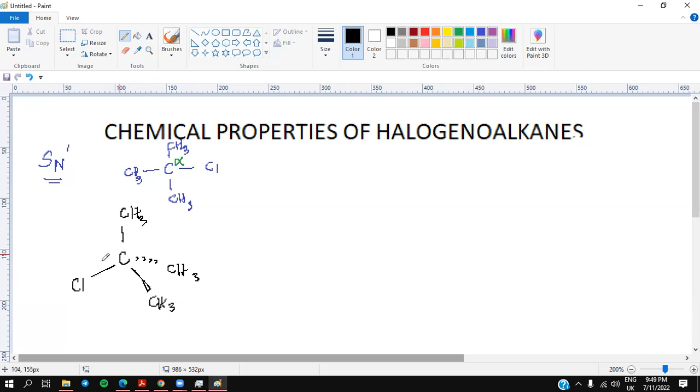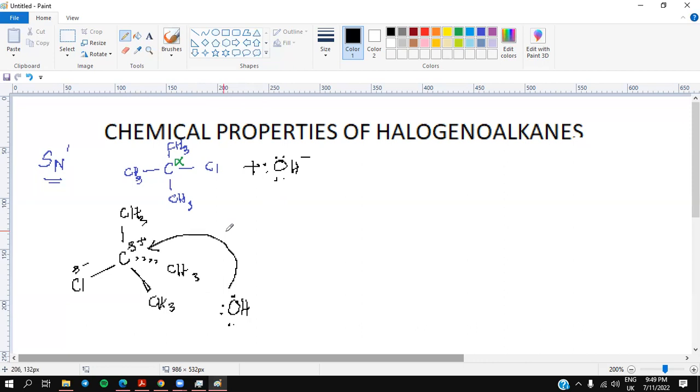I told you that the carbon-chlorine bond is going to be polar. So we have delta positive and delta negative. In the earlier case, when halogenoalkanes react with the OH group, the nucleophile attacks the positively charged carbon center on the opposite direction of the carbon-chlorine bond.